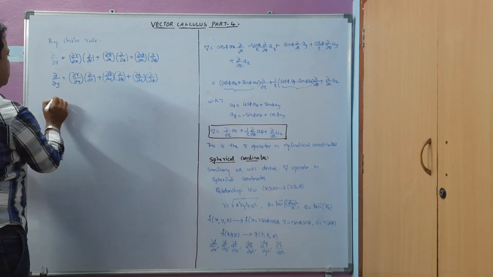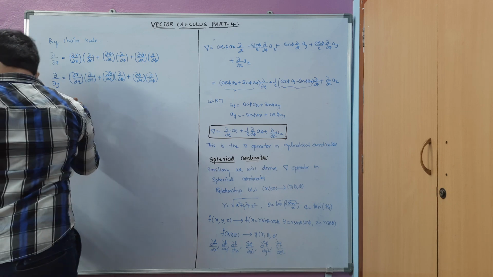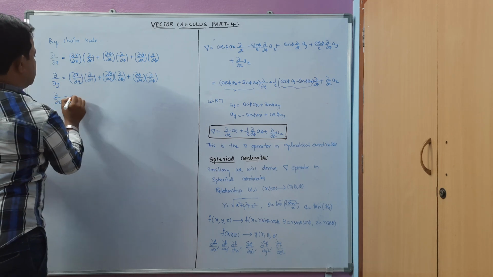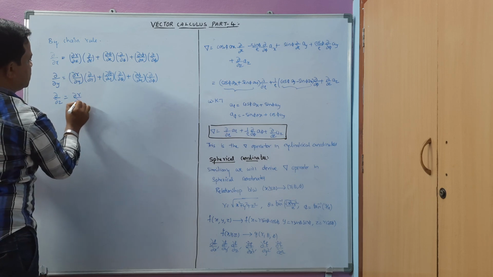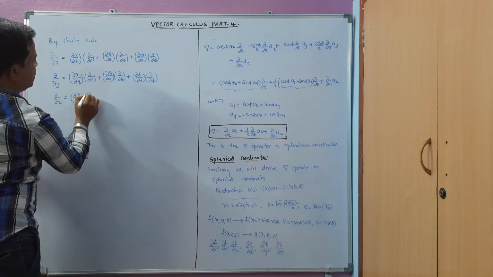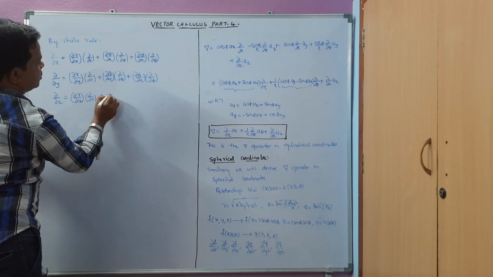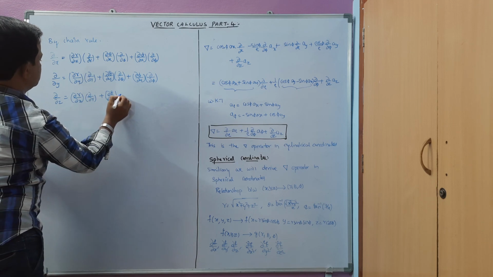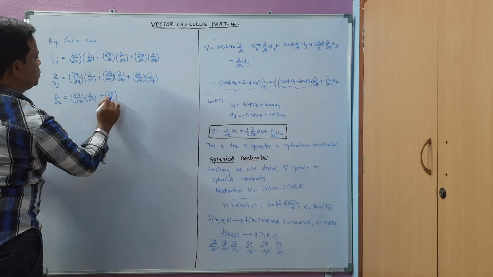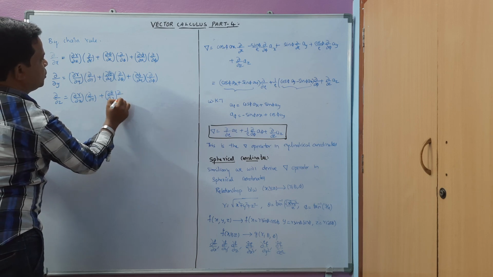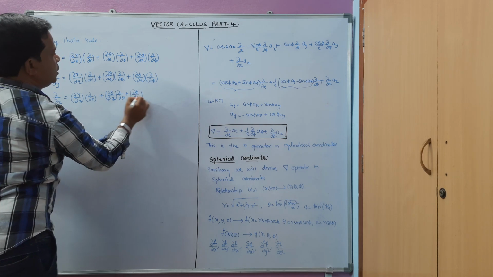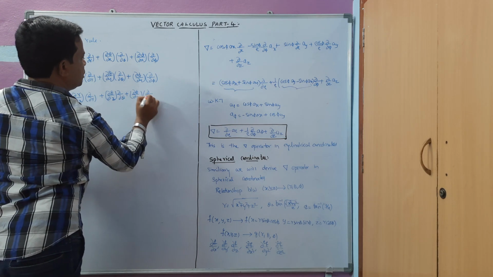Similarly, dou by dou z: dou r by dou z into dou by dou r, plus dou theta by dou z into dou by dou theta, plus dou phi by dou z into dou by dou phi.